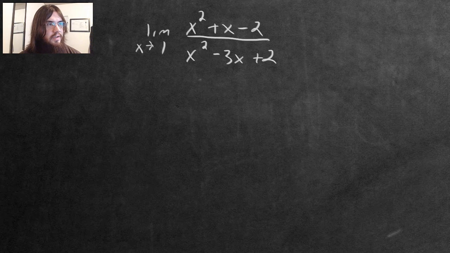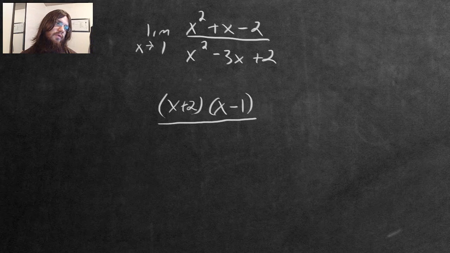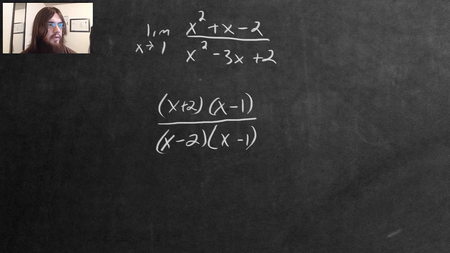Alright, so the first thing we're going to be doing is factoring them both out. If we were to do that, we would have, let's say, x positive 2 and x negative 1 for the top one. The bottom we can use, let's say, x negative 2 and x negative 1. Okay, so the x negative 1s cancel out.